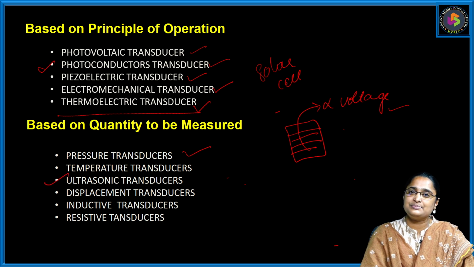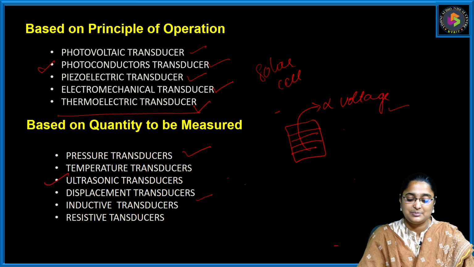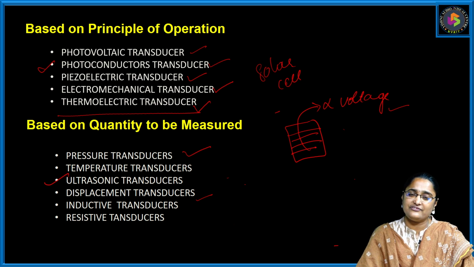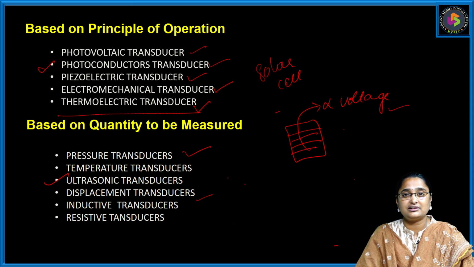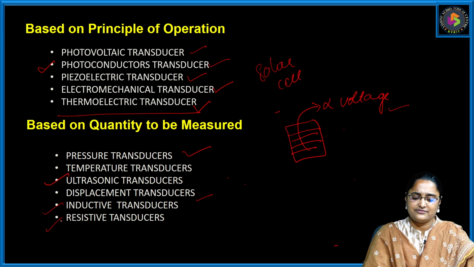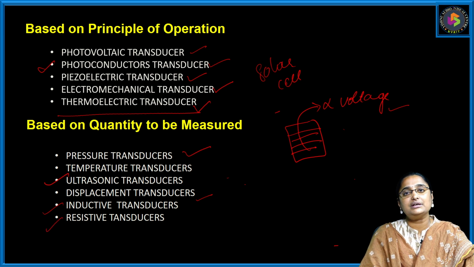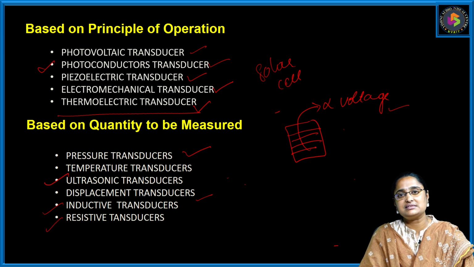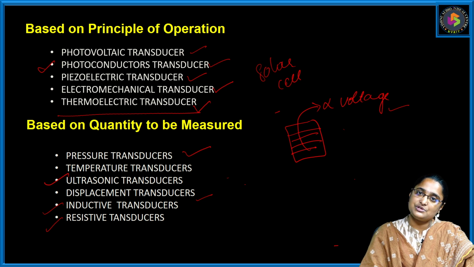If you want to find displacements, you go for displacement transducers. If you have the principle of induction, you go for inductive transducers, and you also have resistive transducers. Whatever quantity you want to measure from a system can have different types of transducers.